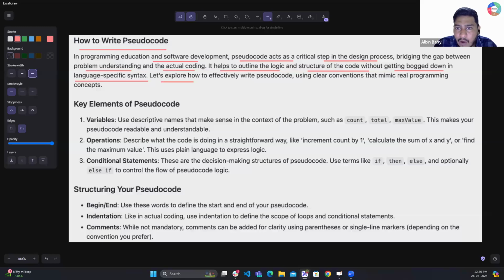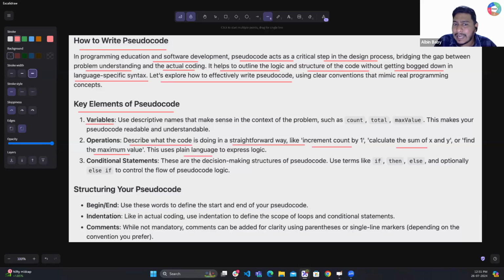Let's explore how to effectively write pseudocode using clear conventions that mimic real programming concepts. Key elements of pseudocode: variables, use descriptive names that make sense. Operations describe what the code is doing in a straightforward way, like increment count by one, calculate the sum of x and y, or find the maximum value.